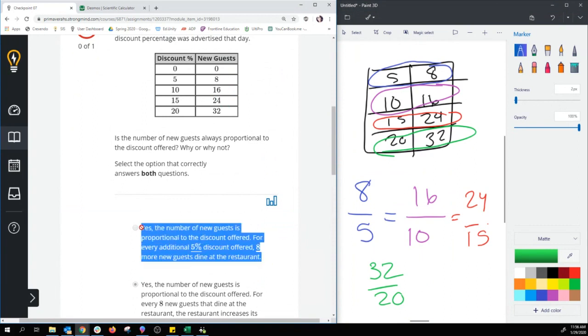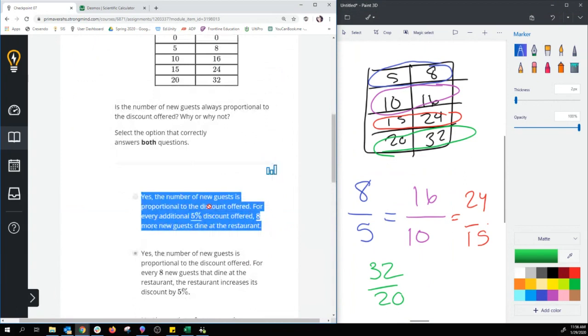So we're looking at this one right here that says for every additional 5% discount offered, 8 new customers dine at the restaurant. 8 times 2 does work. However, I'm not multiplying by 2 every time.